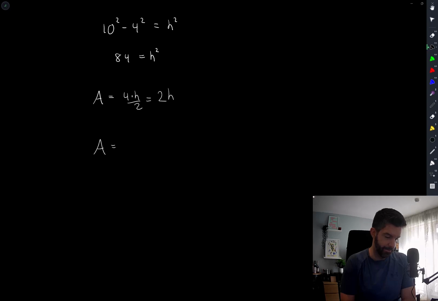I think I see what's happening in this problem. So this area is 2h, that's 2 root 84.